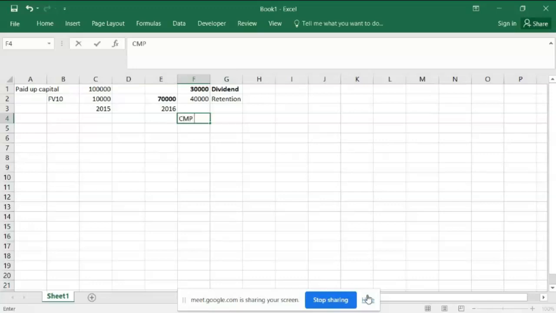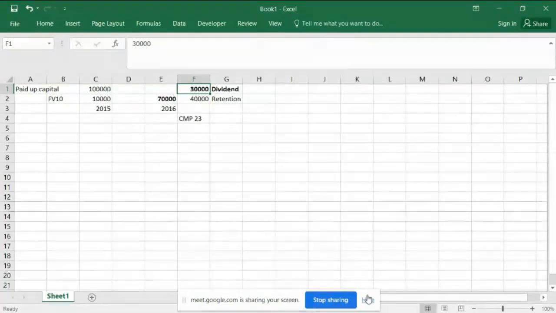The current market price is 23 rupees. So hope you know the dividend is declared only based on the face value, not based on the market price. So the 23 rupees market price will not be considered. Only the face value is considered.